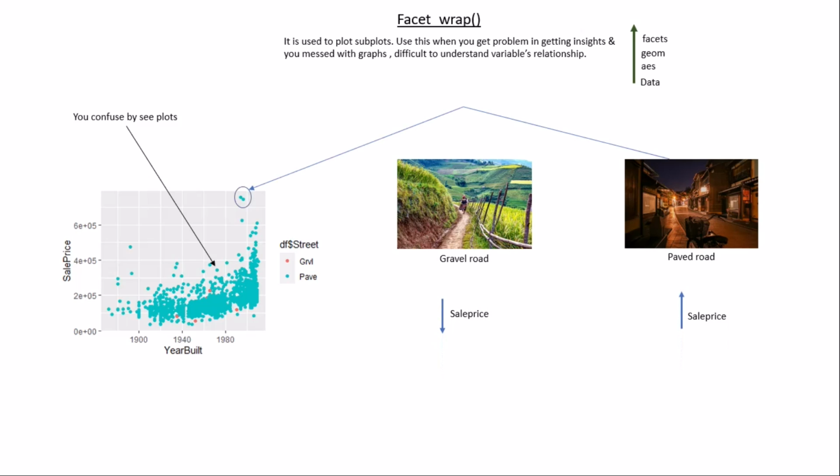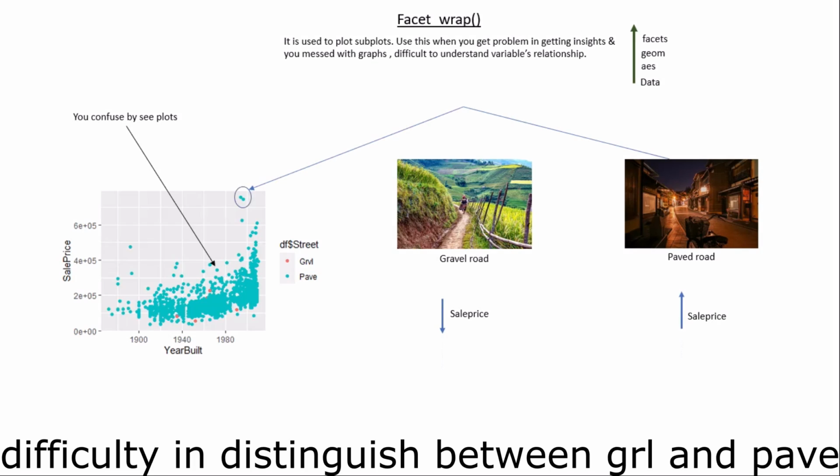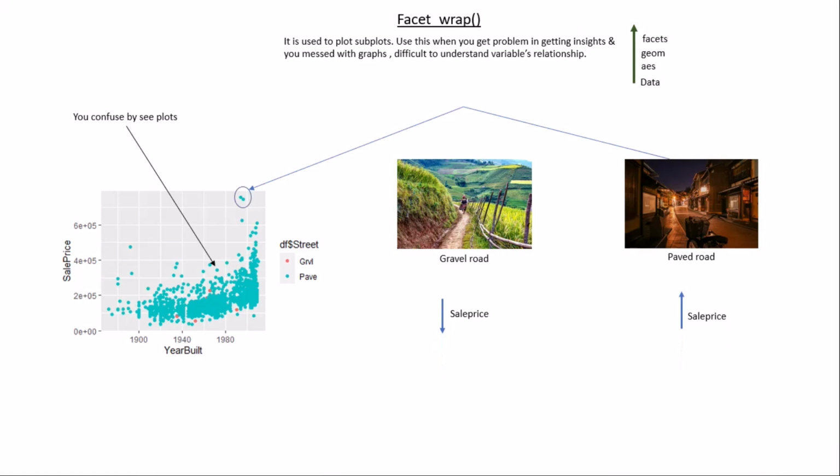There are two variables, paved and gravel, but there are lots of messy things. You get confused by seeing the plots. To understand clearly, in this scenario you can use the facet wrap.